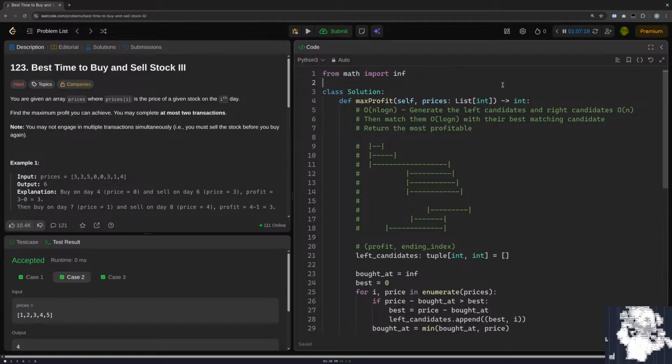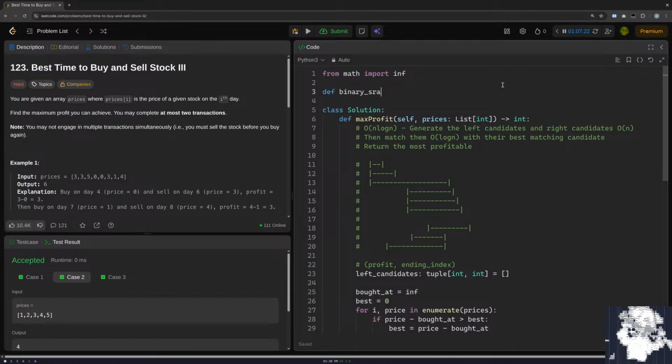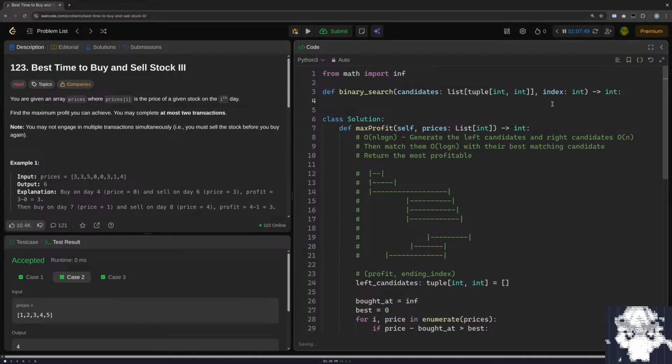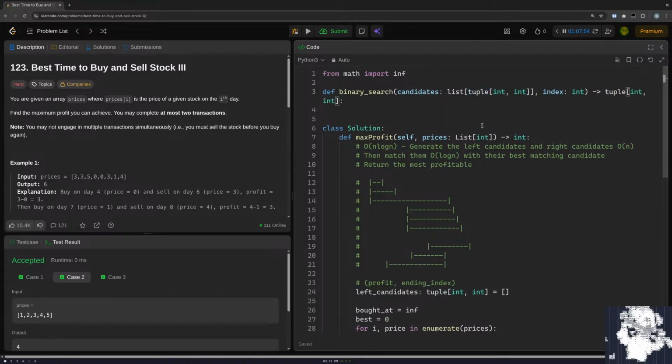Let's define our binary search. It's got candidates, which is a list of tuples of int, and it takes an index, which is an int, and it returns an index. Or maybe it returns the candidate.